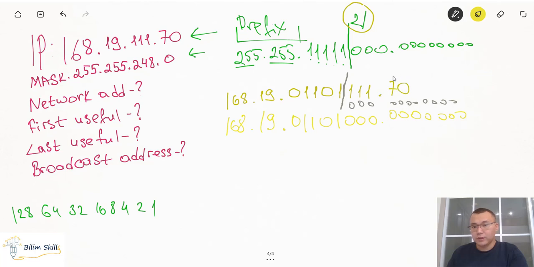Converting it into decimal form, you will get 104, if I'm not mistaken, and 0. So your network address will be this one.